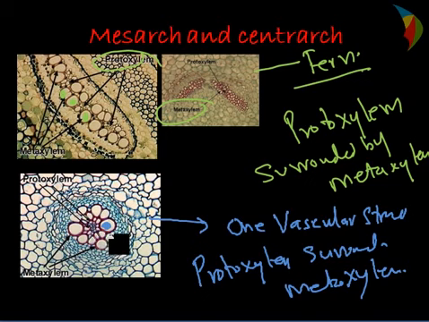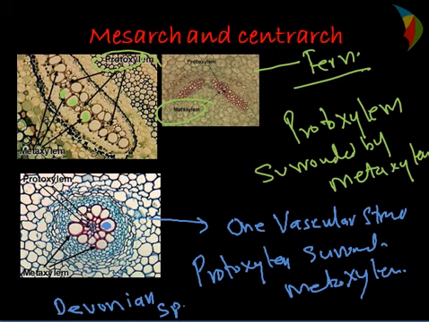That's the main difference between protoxylem and metaxylem. The example of mesarch type, as we already said, is fern plants, and in case of centric type we have the example of Devonian species plants.